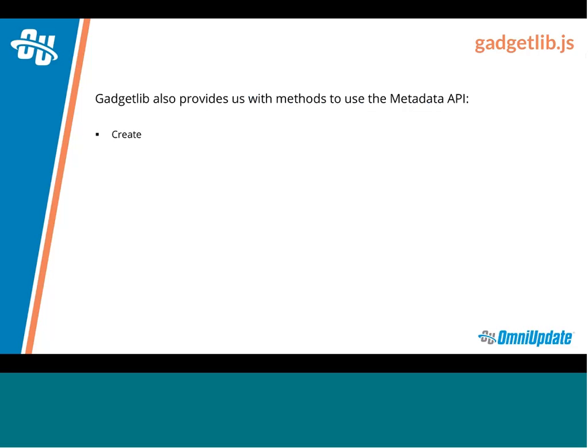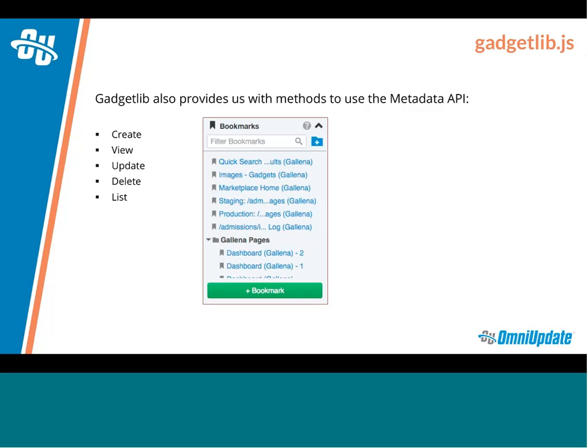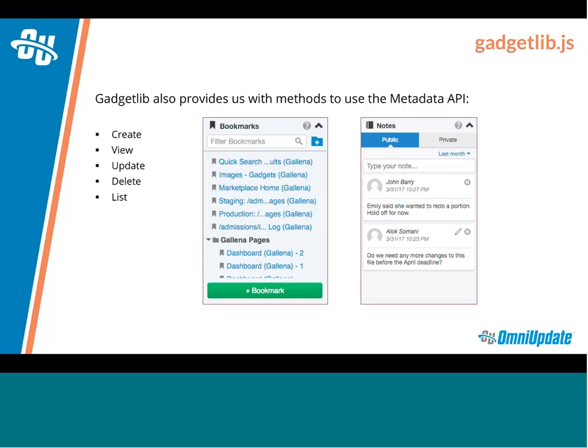This will include your standard CRUD operations, so create, view, update, delete, list, as well as others. But these two examples show you what can be done with the metadata API. These are gadgets that we've built and made available to you as system gadgets, bookmarks, and notes.